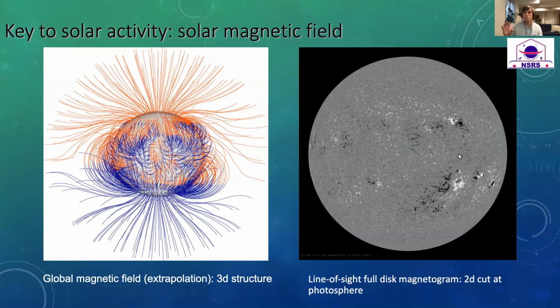We can also measure the magnetic fields directly, and that's what you see here on the right. On the right is the full line of sight magnetogram, and what that is, it's measuring the amount of magnetic field in the photosphere itself. In the next slide, I'll talk to you a little bit about how we do that.